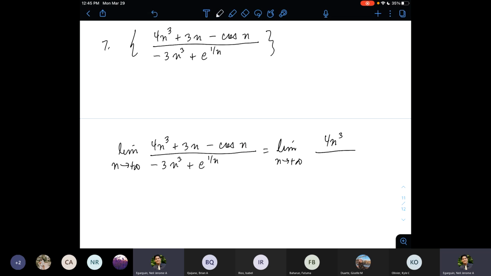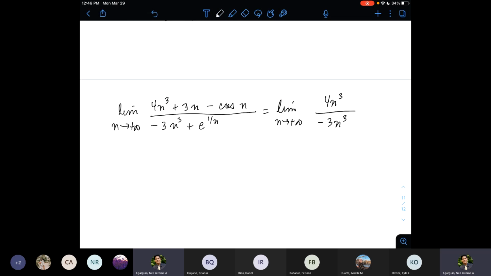All right. What happens to the denominator? In the denominator, when n goes to infinity, 1 over n goes to 0. e to the 0 is equal to 1. And in the long run, 1 is insignificant compared to -3n cubed. So that means the denominator only behaves like -3n cubed. Good.